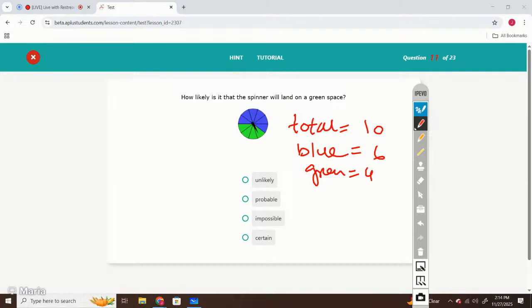So that means it is unlikely to select the green.